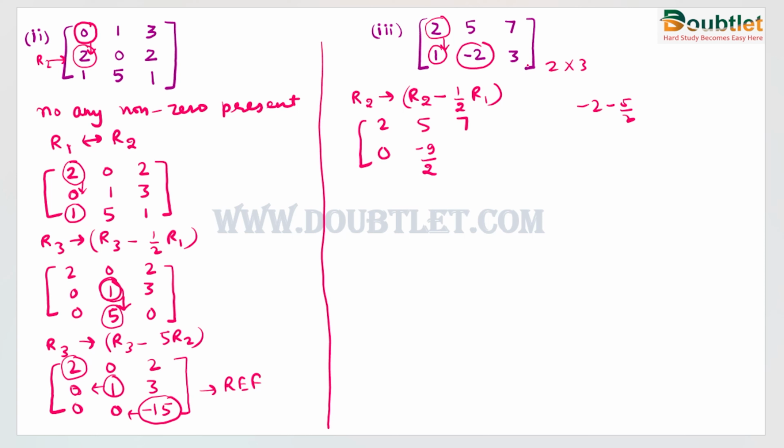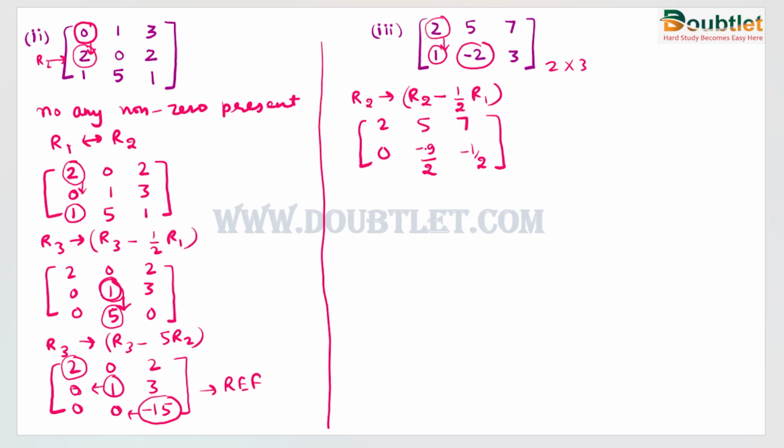And for this element, 3 minus 7 by 2 will become minus 1 by 2. Now for the first column, the condition is satisfied because all the elements below the leading element are 0.